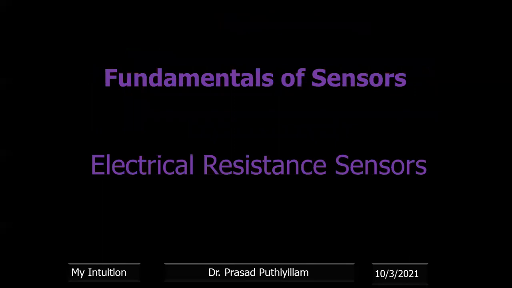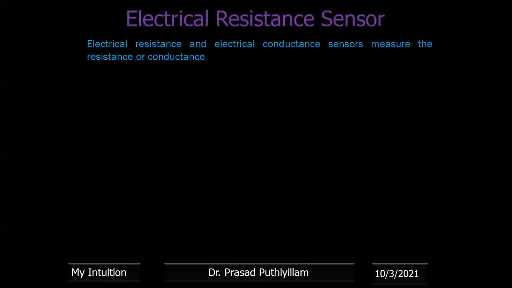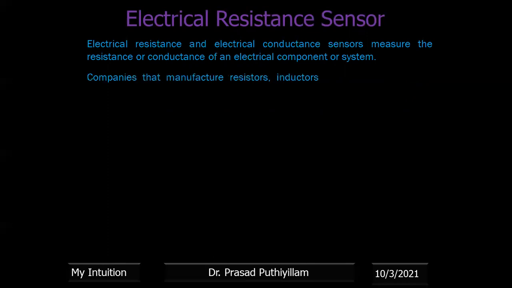Now, the electrical resistance sensor, based on electrical resistance and electrical conductance, we'll see one by one. Electrical resistance and electrical conductance sensors measure the resistance or conductance of an electrical component or system.